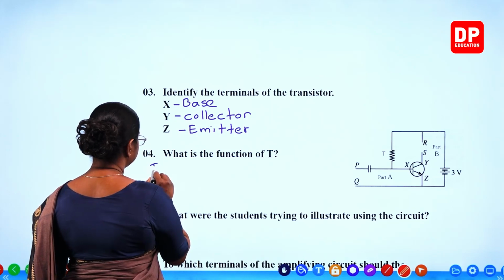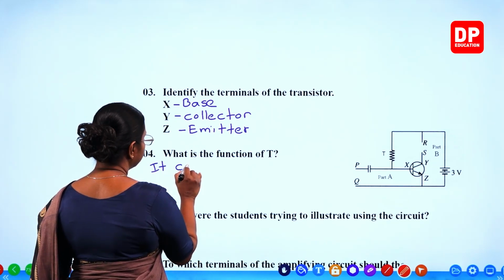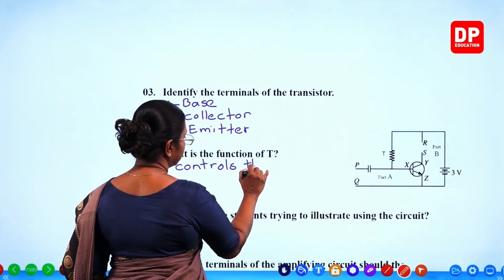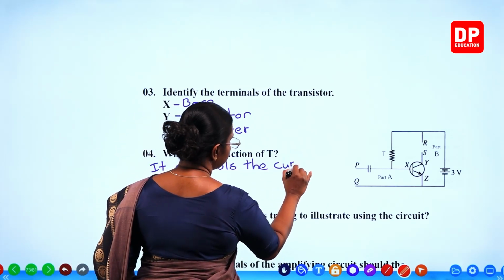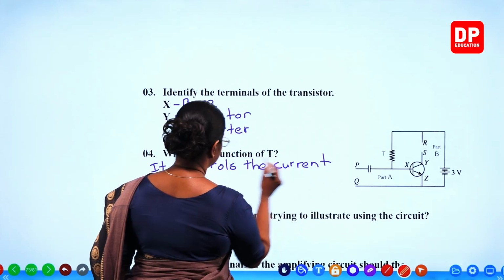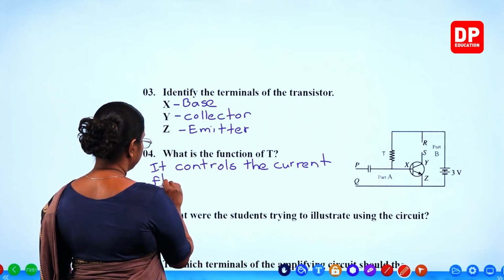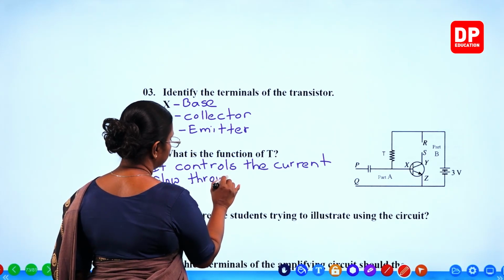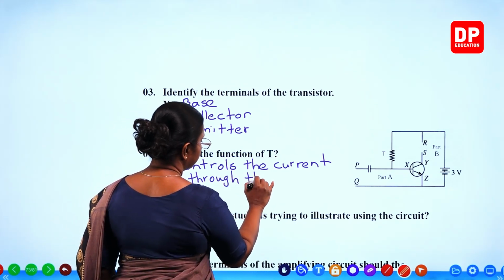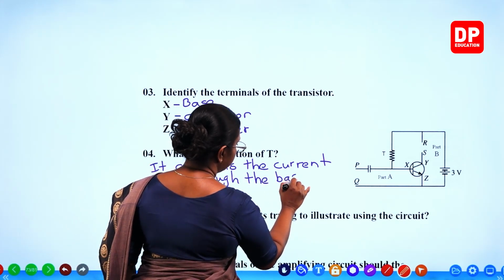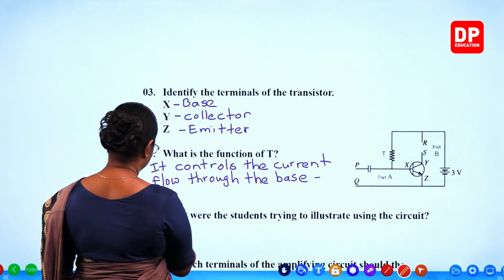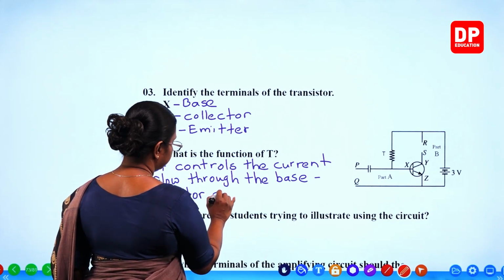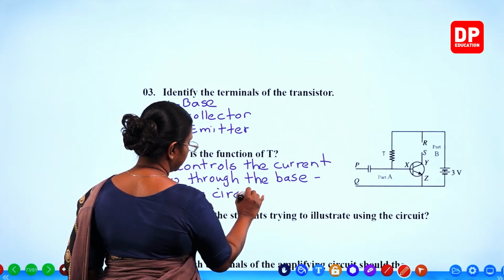So it controls the current flow through the base collector circuit.